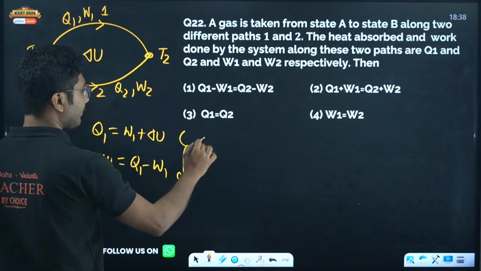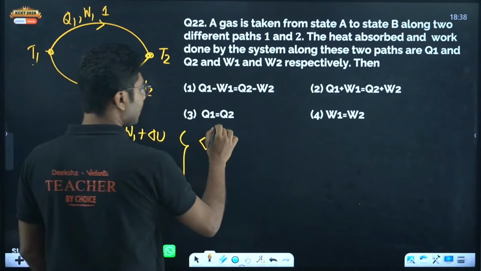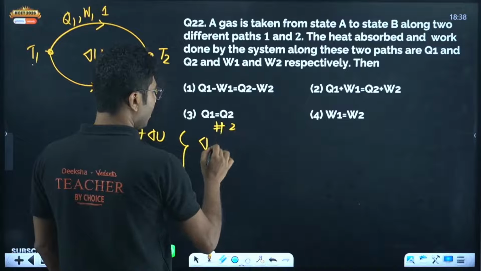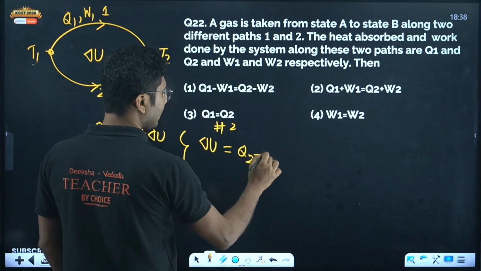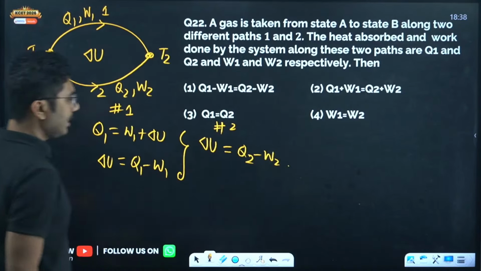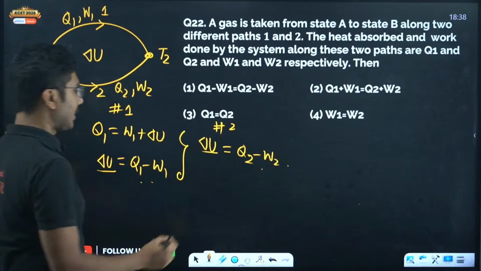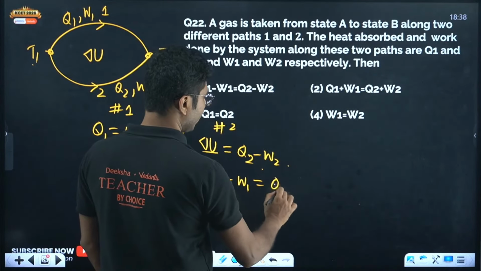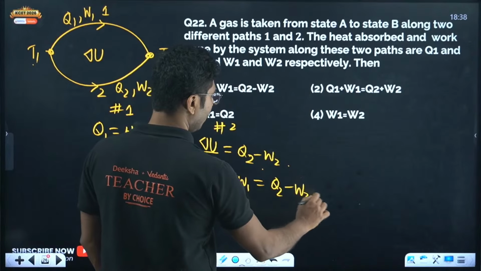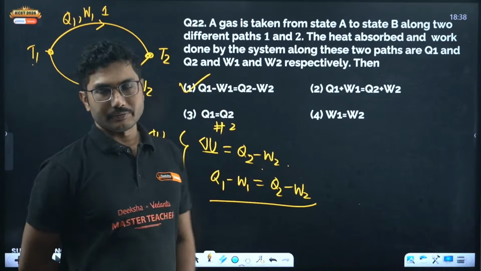Similarly, for path number 2, the change in internal energy is heat supplied minus work done. These two have to be the same because delta U is the same, so Q1 minus W1 equals Q2 minus W2. So the correct option is the first option itself.